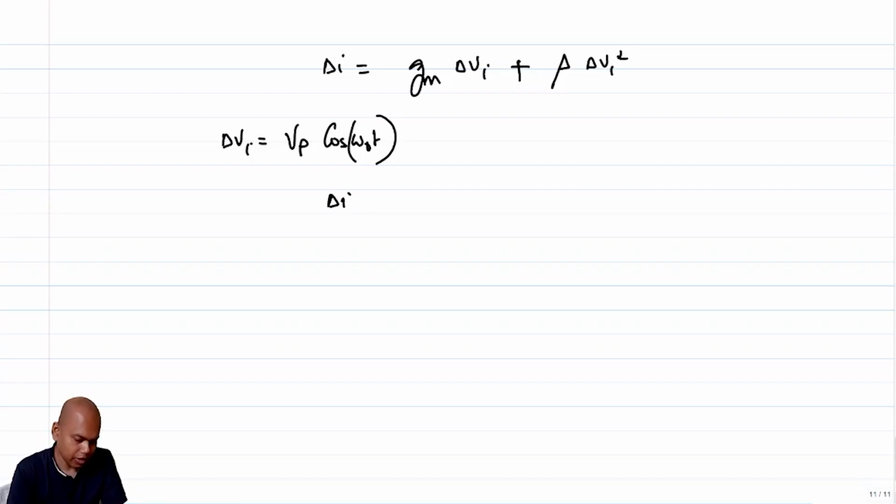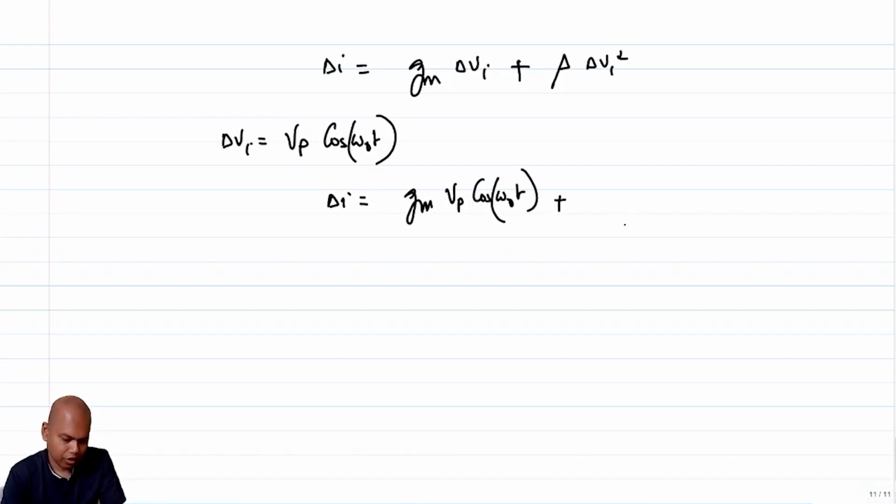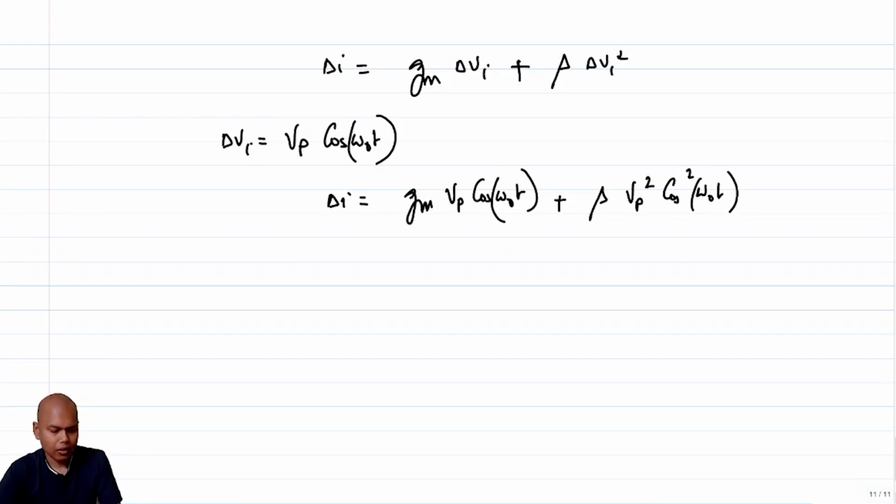Then what is ΔI? ΔI is Gm times Vp cosine ω0t. This is what we expect, but you have another term which is β times Vp squared cosine squared ω0t, right? Okay, so what's the issue?